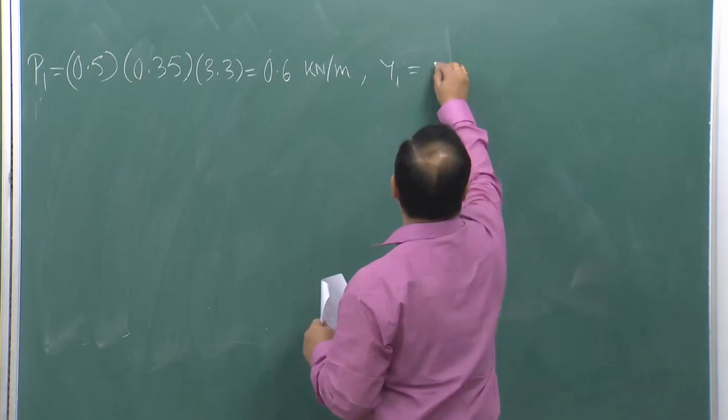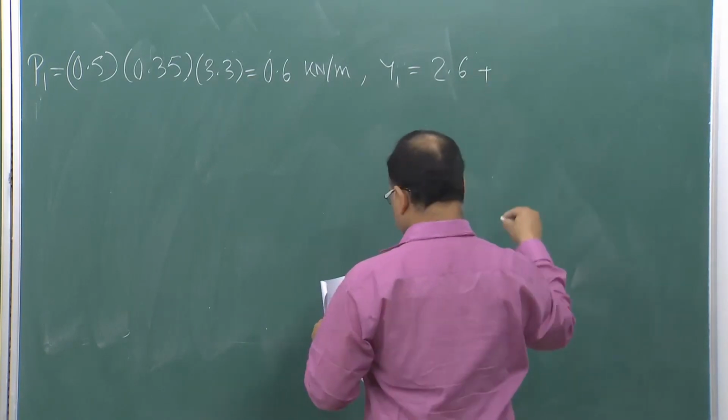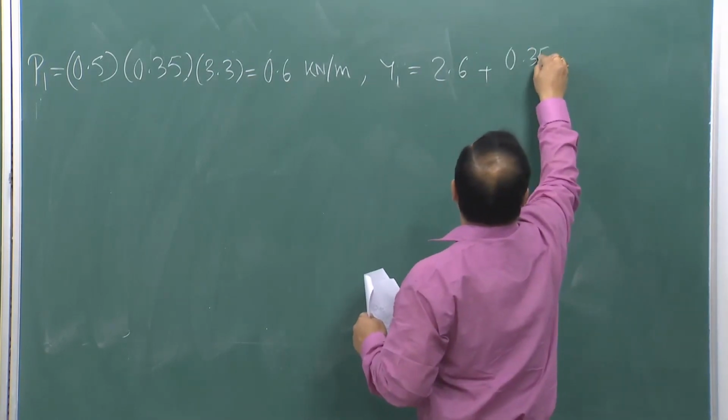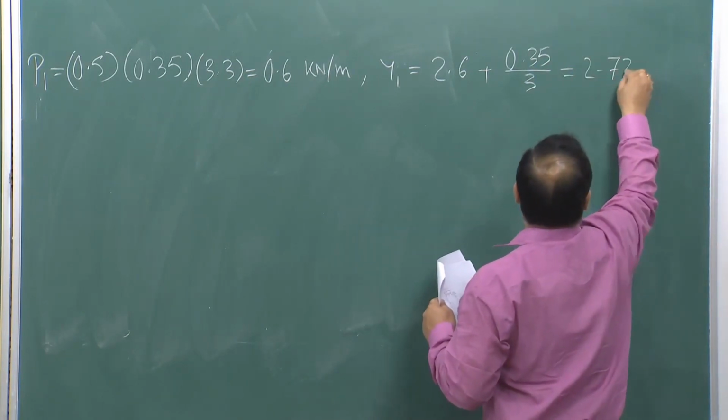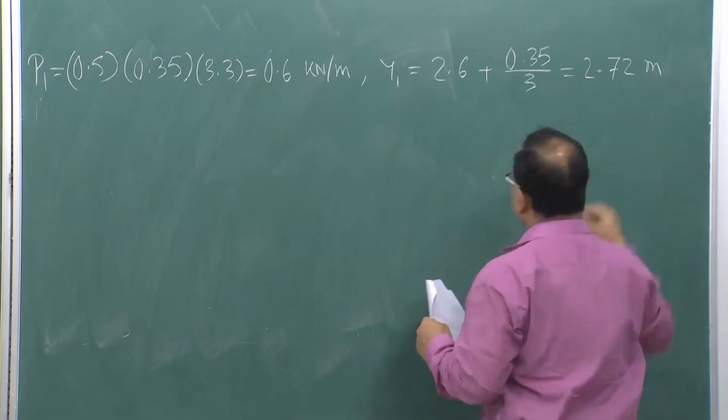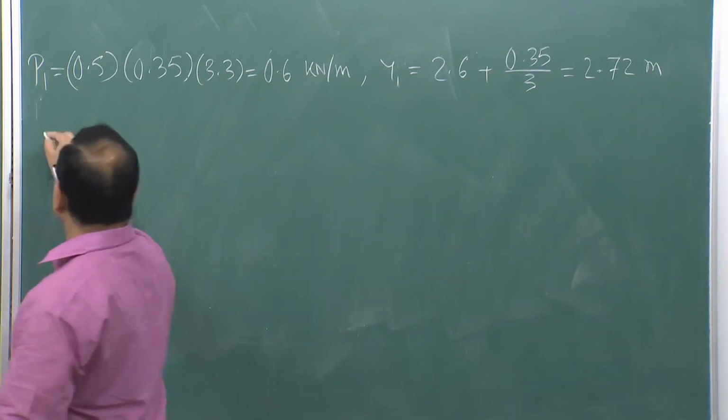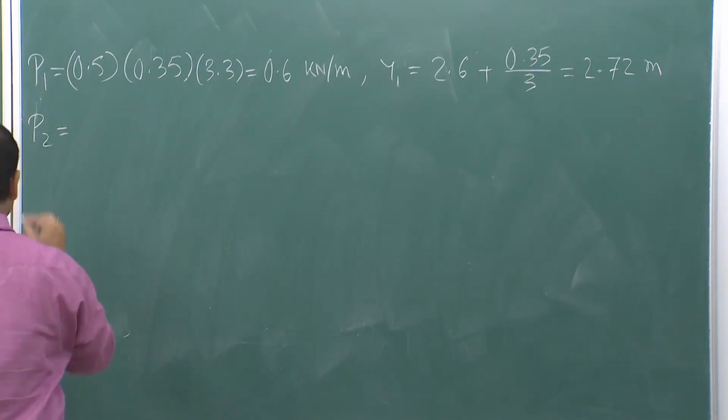So, y1 is equal to 2.6 plus 0.35 by 3, which is equal to 2.72 meter.